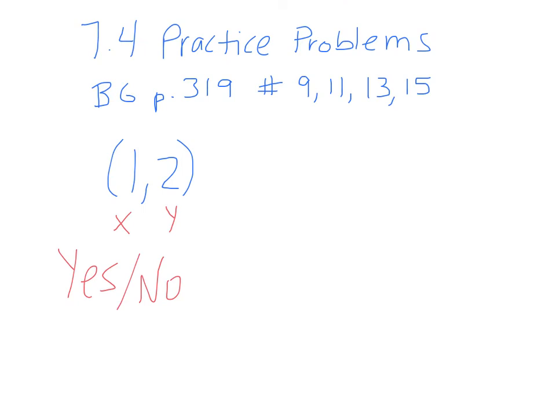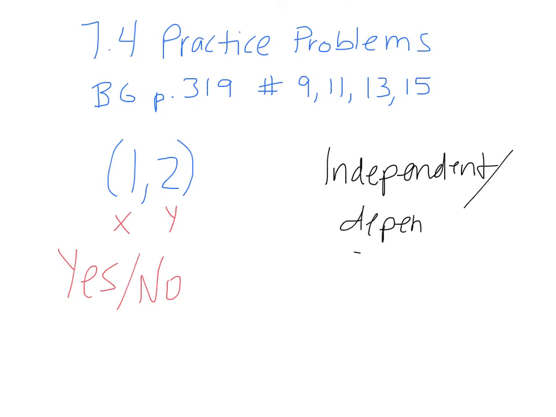For 13 and 15, we're talking about independent and dependent variables. The directions, sorry, I have sloppy writing, you don't have to write all this, say identify the independent and dependent variables.